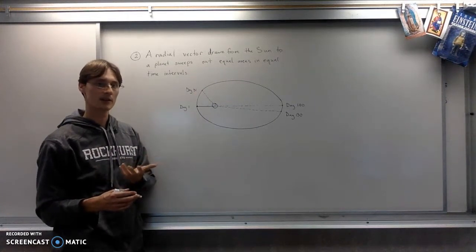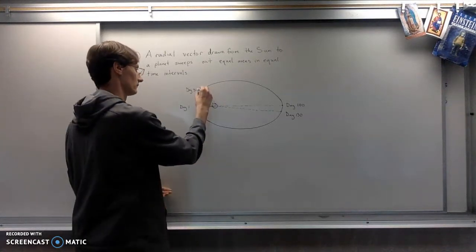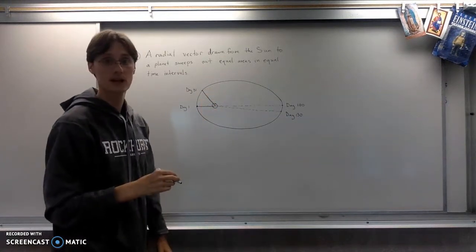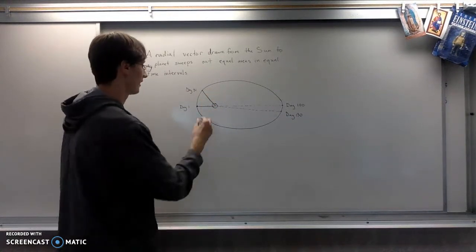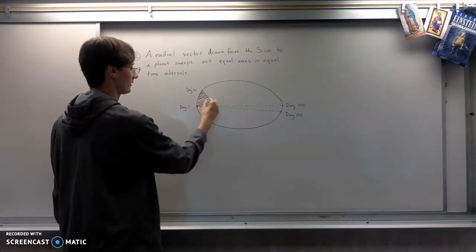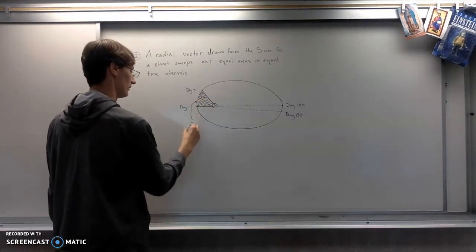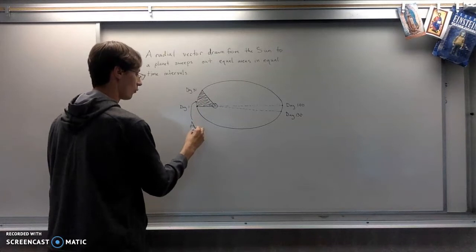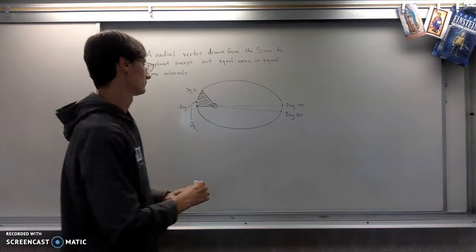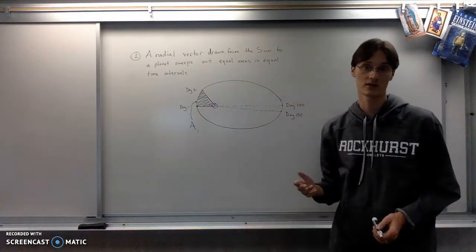What Kepler's talking about is if we draw that radial vector again, and then we look at the area of this pie-shaped slice here, whatever that is, let's call it A1. That's a certain amount of area swept out by that radial vector that we just drew.